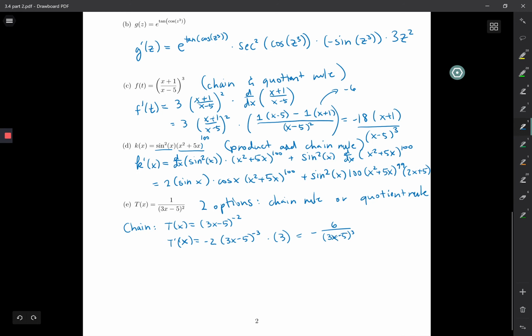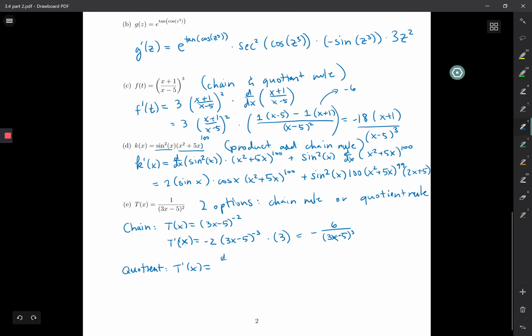Right? And then the other option is to use the quotient rule. And so it's already in a form where we can use the quotient rule, so we would just go ahead and apply that. So we would start with the derivative of the numerator. So remember that the derivative of 1 is going to be 0 because that's the derivative of a constant, right?